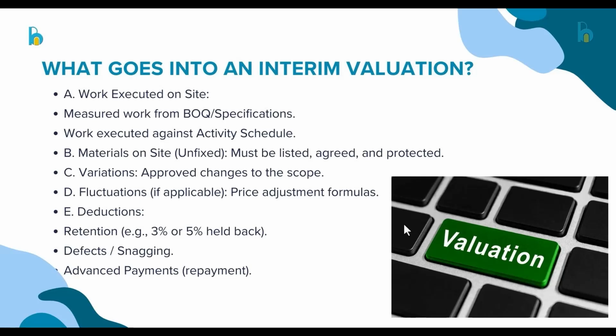It's deducted based on the contract agreement. That is why as a quantity surveyor, you need to know your JCT or FIDIC or any of the contractual documents. They are going to be your guide on all the payments and also issues that relate to valuation and interim certificates.